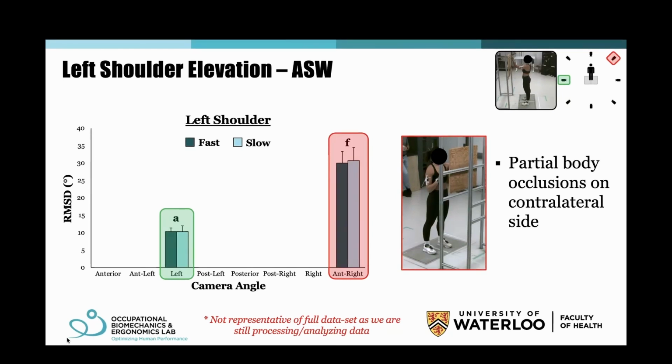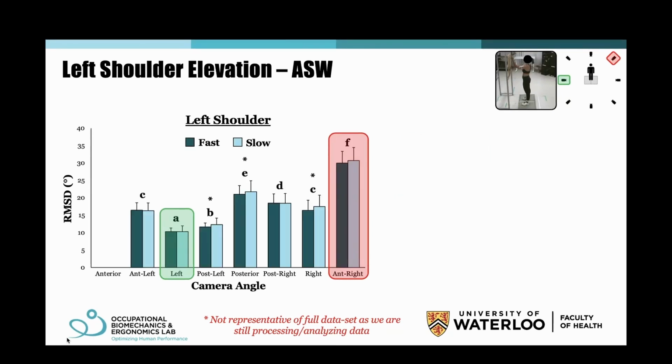Now, all the other bars that I just populated are somewhere in between. We can see that there's a range looking at left shoulder elevation from the left side, and then we see greater differences when we go from the right side looking at the left shoulder angle.